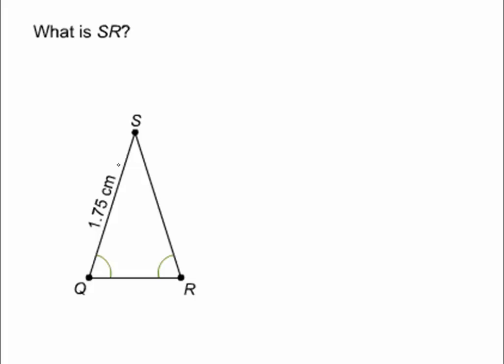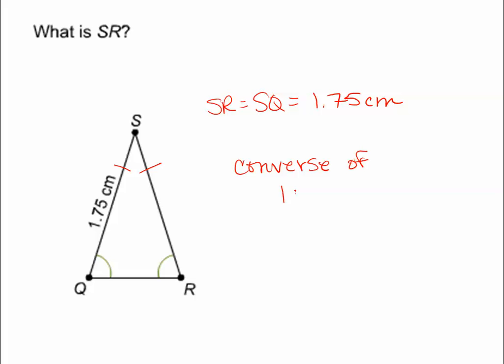So that's going to tell me that SQ is congruent to SR. So SR is congruent to SQ, which means it equals 1.75 centimeters. And remember, we proved that by using the converse of the isosceles triangle theorem.